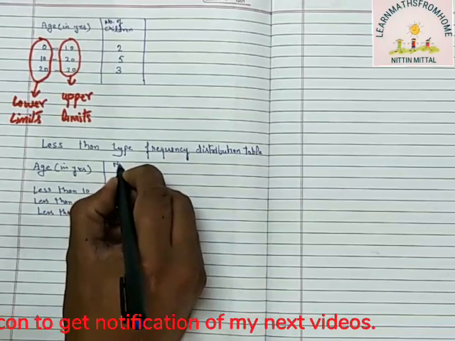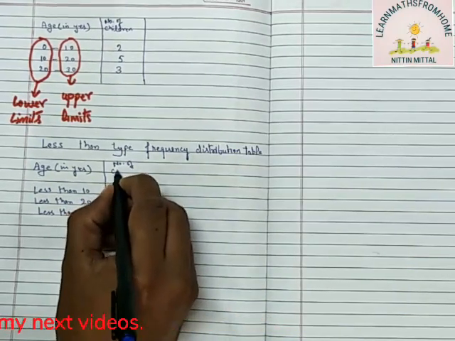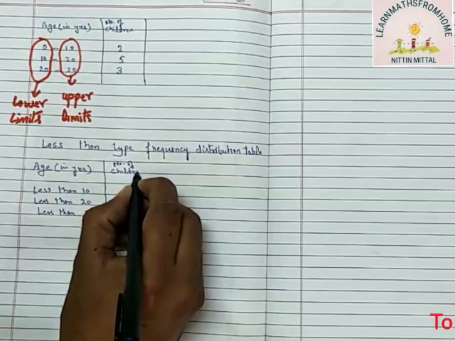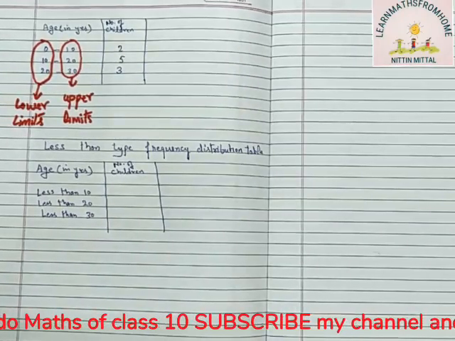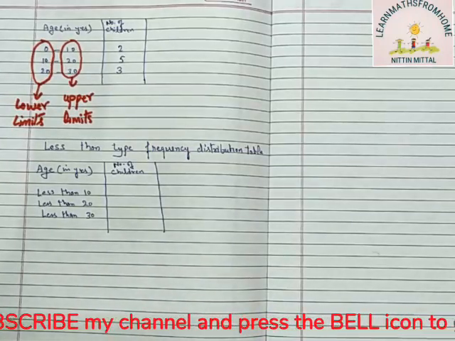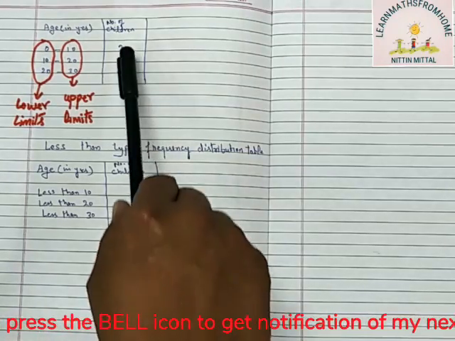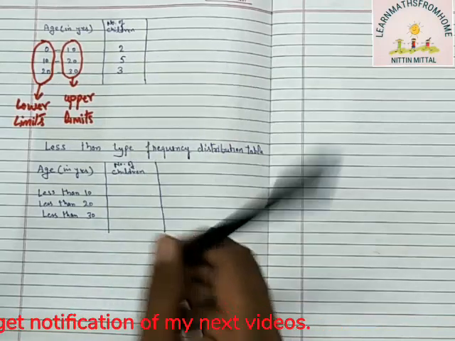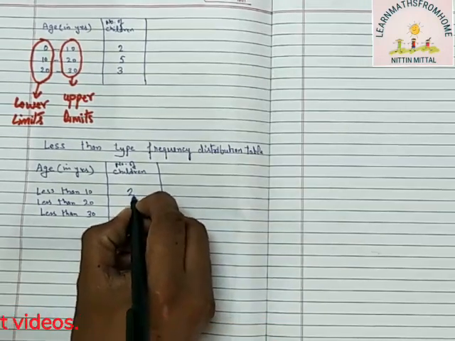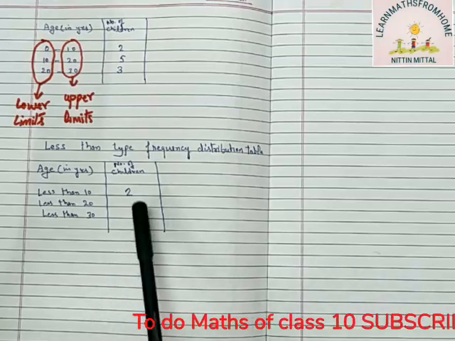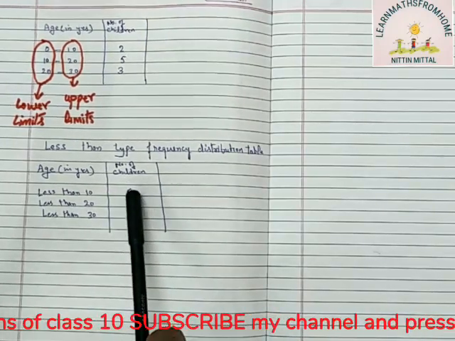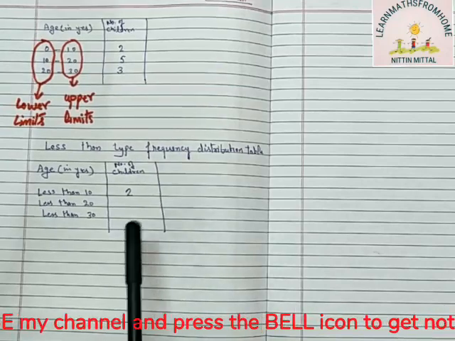Now number of children. In less than type frequency distribution table your first frequency will remain same. So what is the first frequency here? 2. So it will remain same. Then you keep on adding the next frequency in the previous cumulative frequency. So this is what cumulative frequency we are calculating.